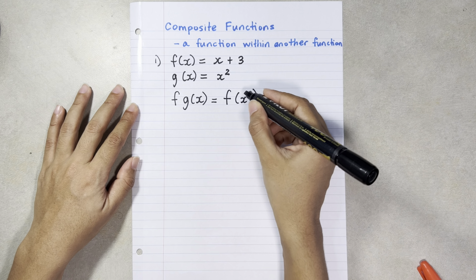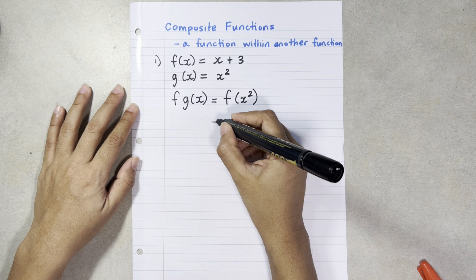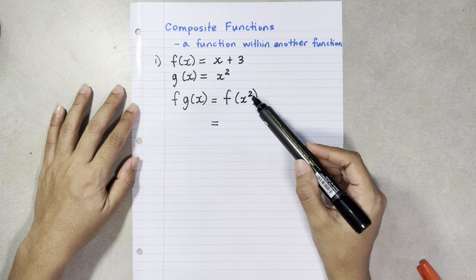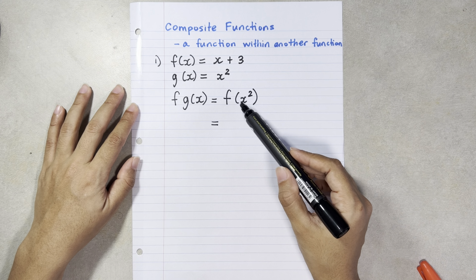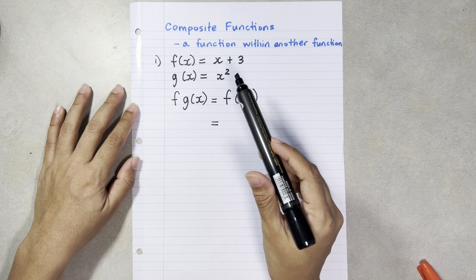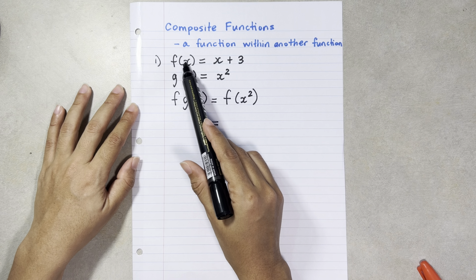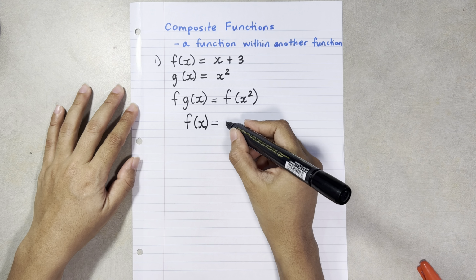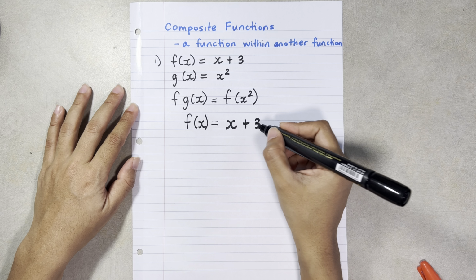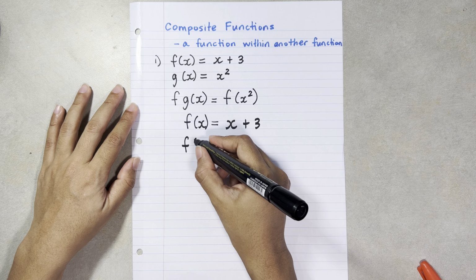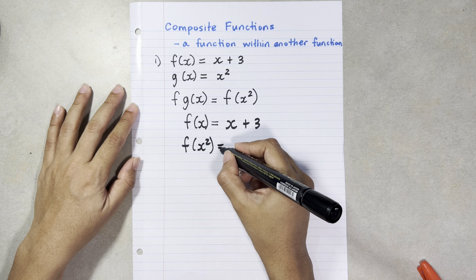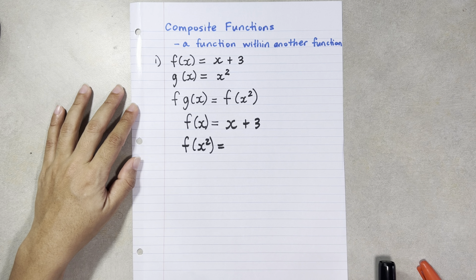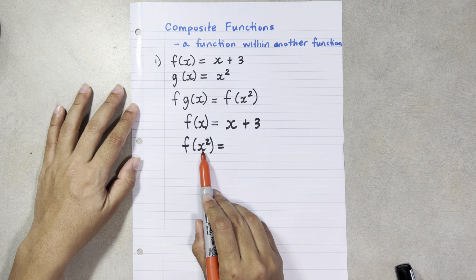So let's see what f of x squared is. Well, if you recall, to find f of x squared, I would have to replace x with x squared in the function f of x. So everywhere I have x in this function, I'm going to write it over just for ease, right? F of x is equal to x plus 3. If I need to find out what f of x squared is, everywhere I have x in the function f of x, I will replace it with x squared, which is why I wrote x squared here already.